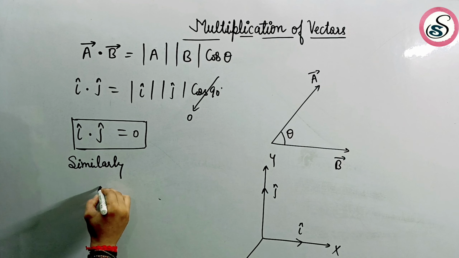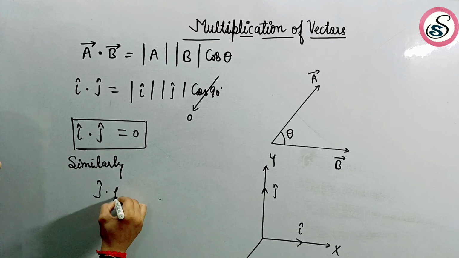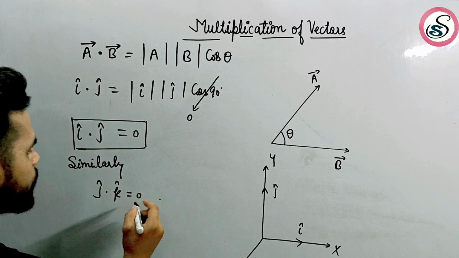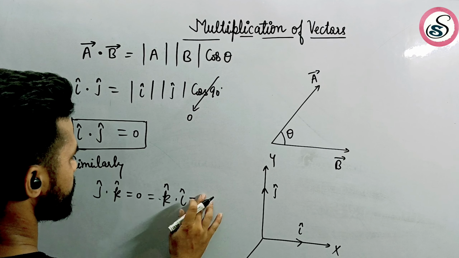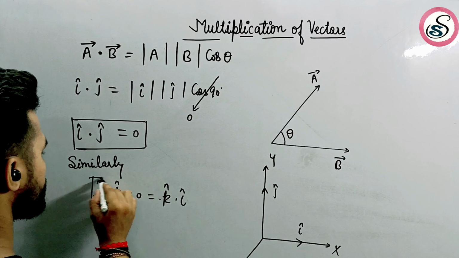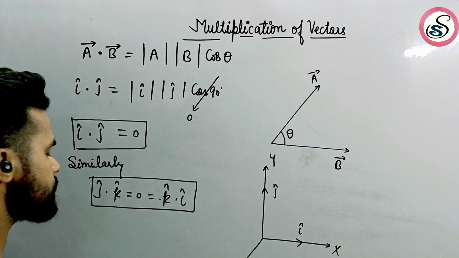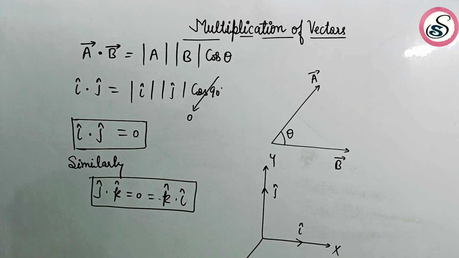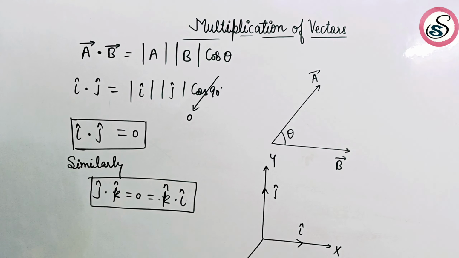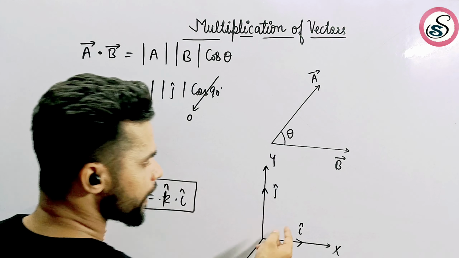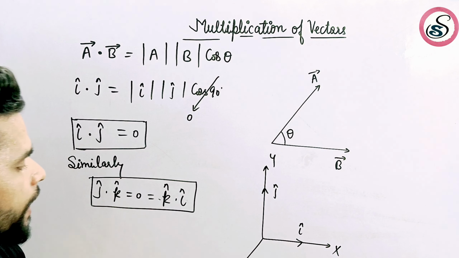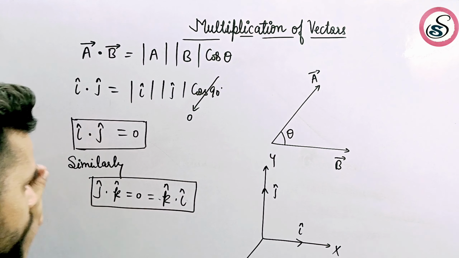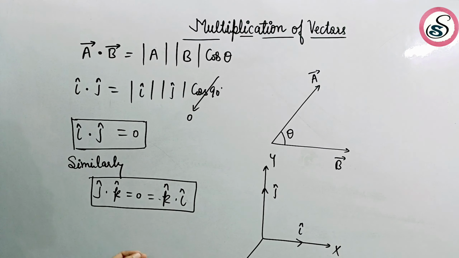Similarly j cap dot k cap is 0, and k cap dot I cap is also 0. Means when we find the dot product of two different unit vectors, like I cap and j cap, or j cap and k cap, or k cap and I cap, the dot product is going to be 0.